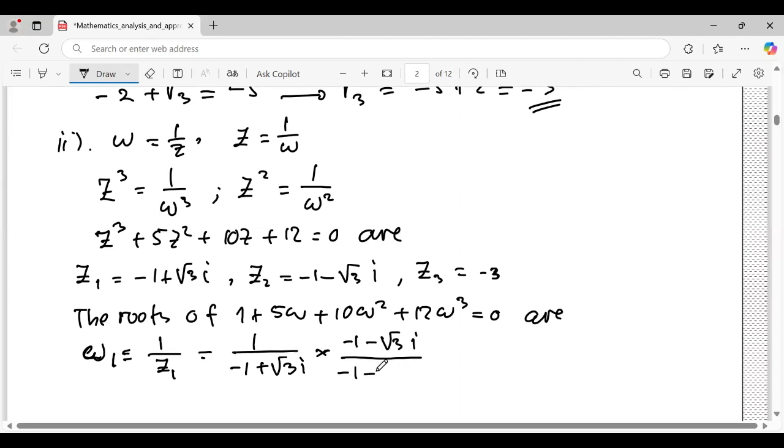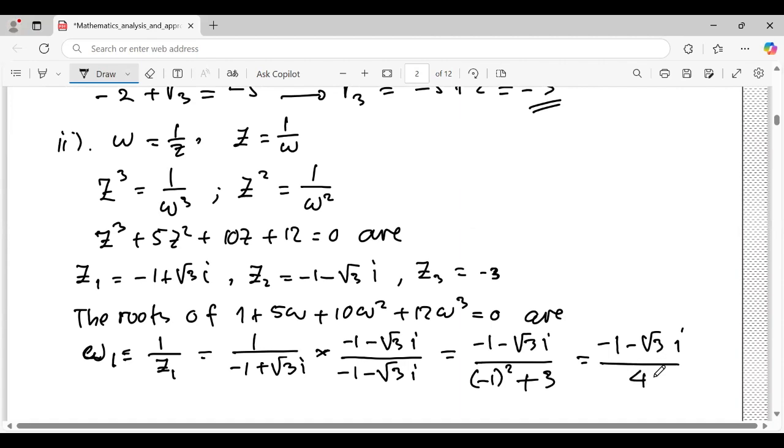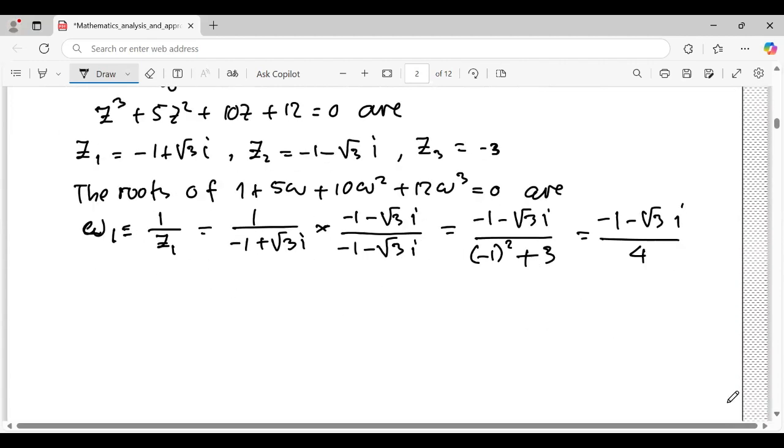So it becomes -1 minus square root 3i over -1 squared, and since i squared is -1, it becomes plus 3. So it becomes -1 minus square root 3i over 4. That is for the first w, the first root.